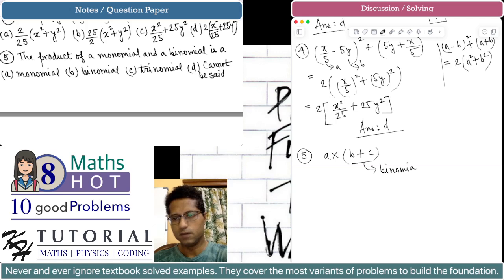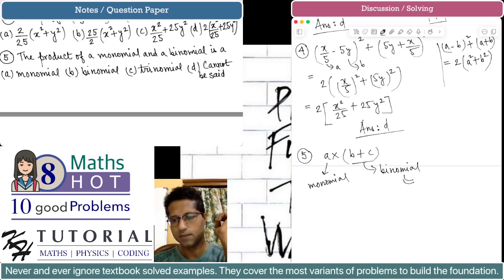This is a binomial and this is a monomial. Now, always keep in mind that if B plus C is a binomial, that obviously means that the terms B and C are not like terms. They are unlike terms.